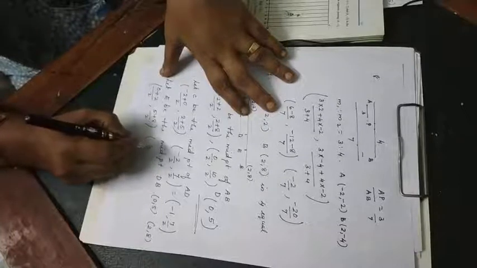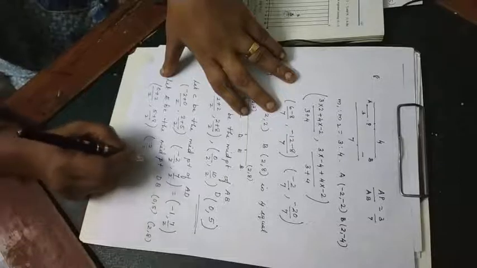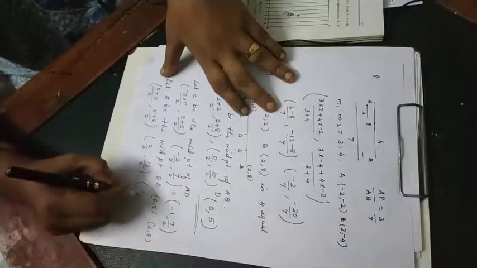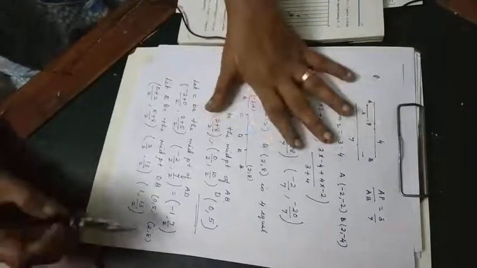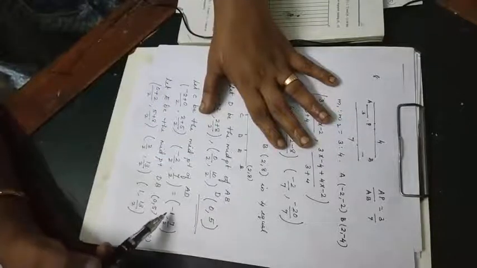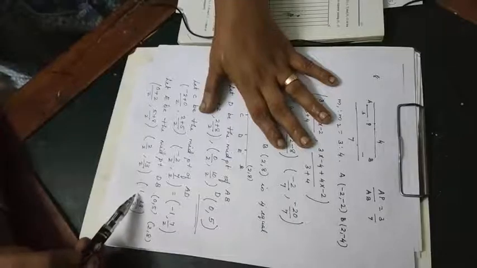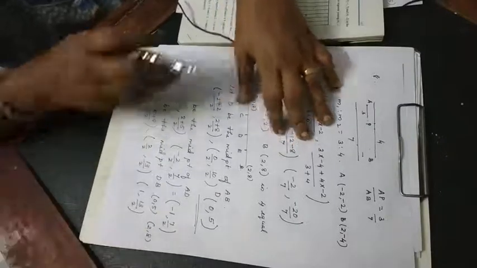So 2 by 2 is 1, and 13 by 2. So all the 3 points you got. First one (0, 5). Another one is (-1, 7/2). Next one is (1, 13/2).